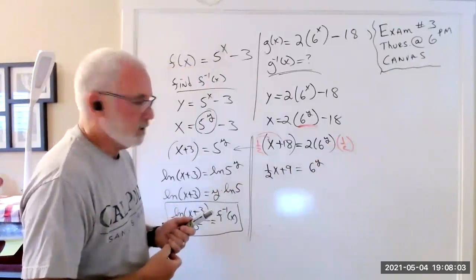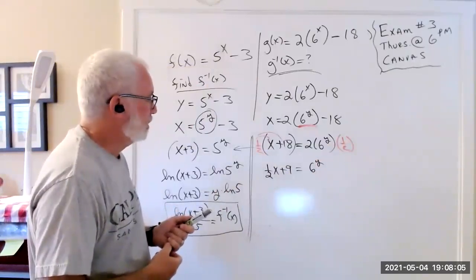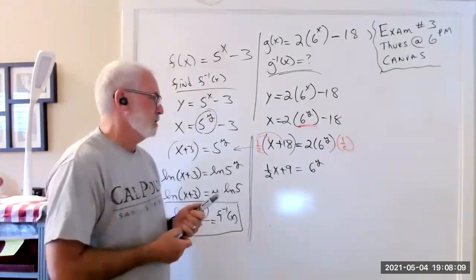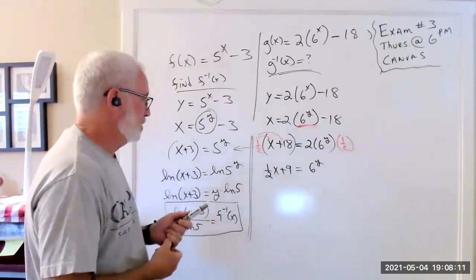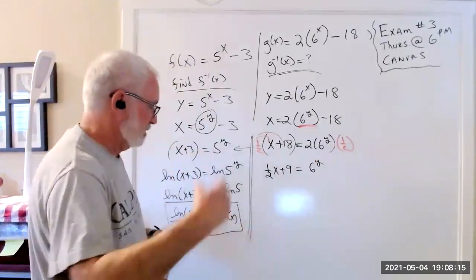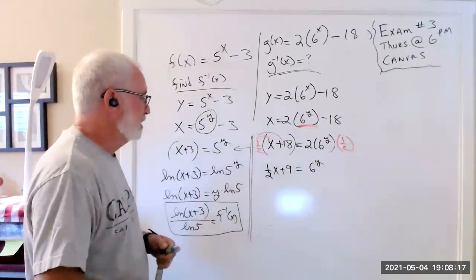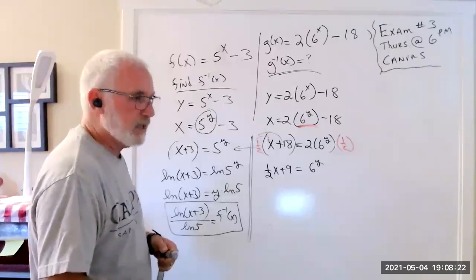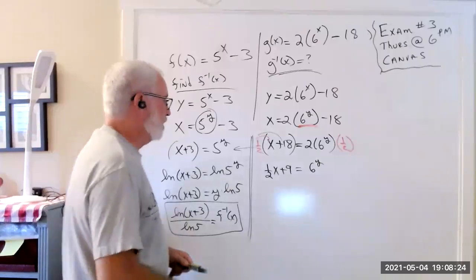If we did divide both sides by 2, would it still be acceptable? Yeah, it'll be messy looking, but yes. My answer was log base 6 of x plus 18 all over 2. Yes, that's fine. Okay.